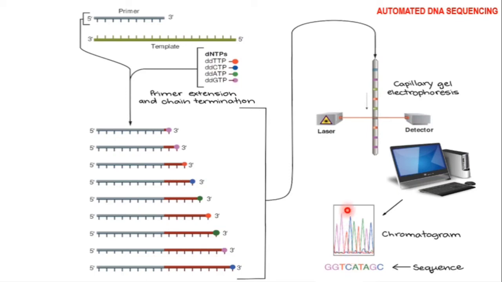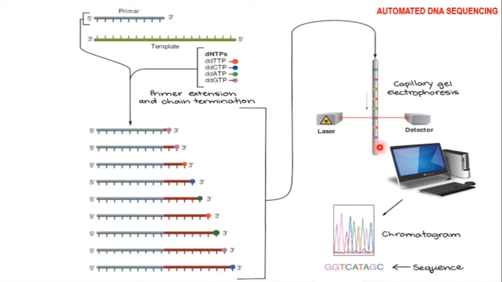The color of the band we observe depends on which ddNTP terminated the synthesis of the DNA fragment, so that fragment will give that ddNTP's fluorescent color.